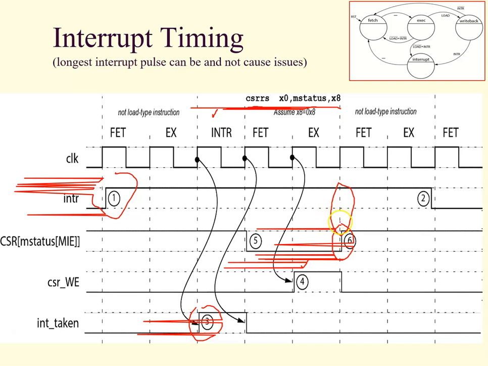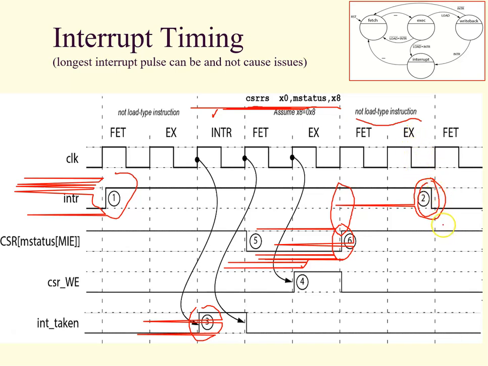So what I really need to do is make sure that interrupt is gone before the end of the execute cycle of the next instruction. What we have here is the next instruction, and I put it as not a load type instruction, so it has 2 clock cycles. I just have to make sure that interrupt is gone before the end of this execute cycle.